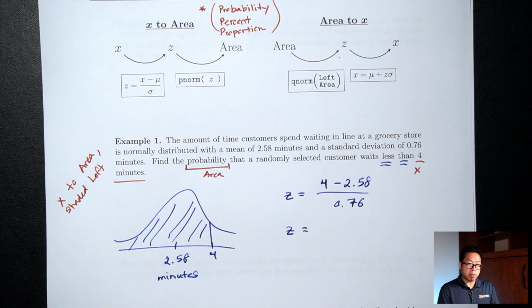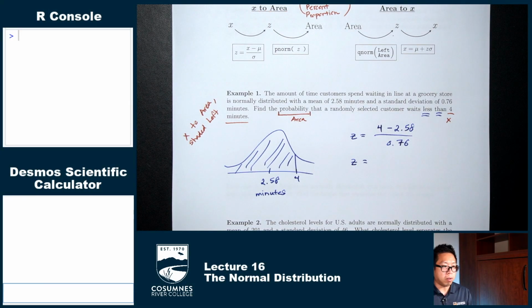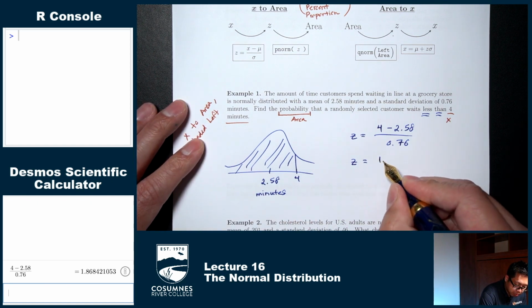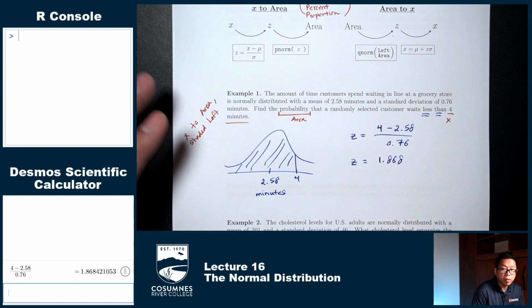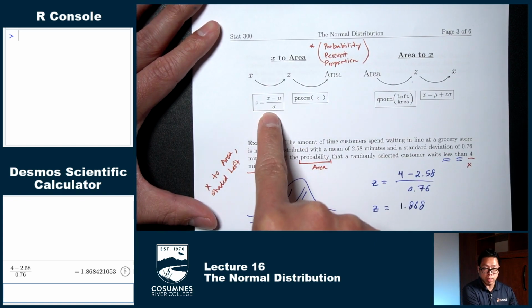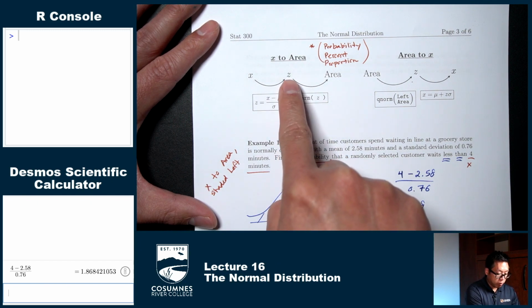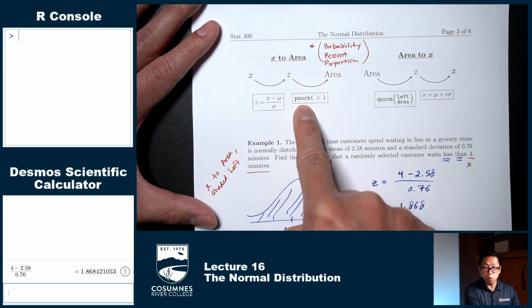All right, so do this on your calculator. Let me switch over. On a calculator, up top, 4 minus 2.58. On the bottom, 0.76. Round to 3 decimal places. This is 1.868. So we just did this z-score formula, which got us from x to z. Next step is go from z to area, doing a pnorm.